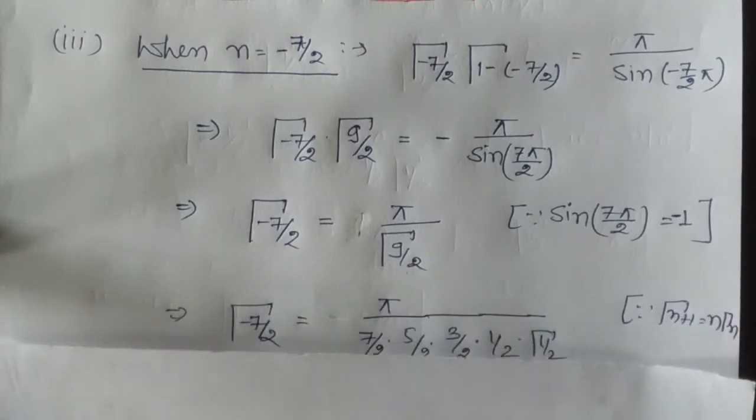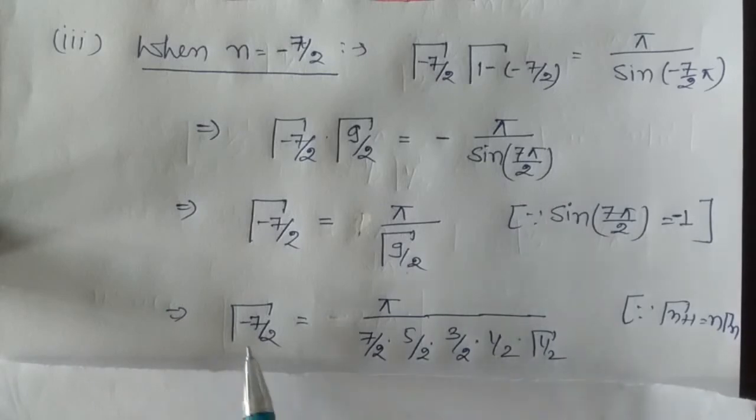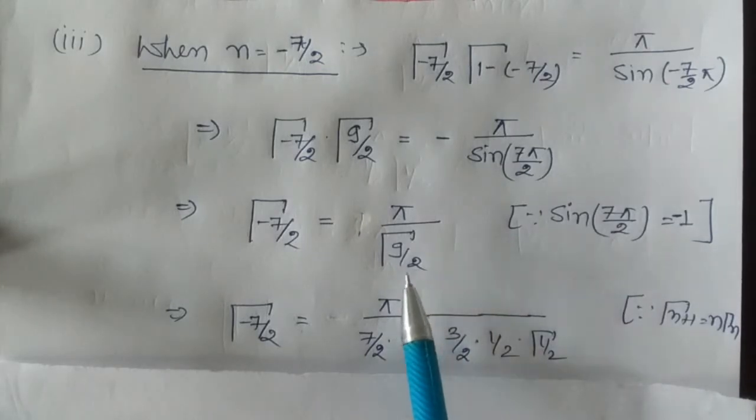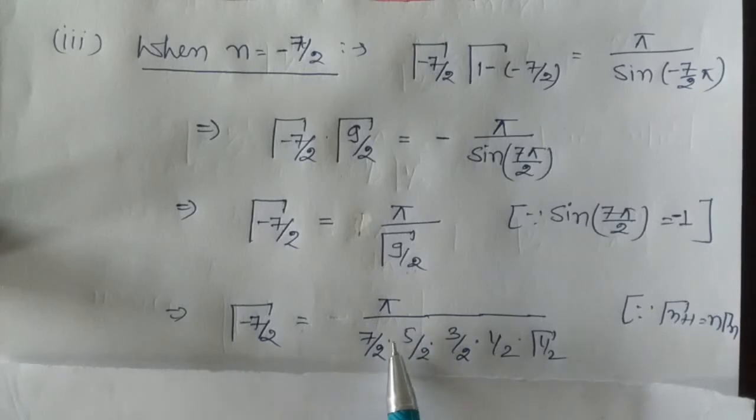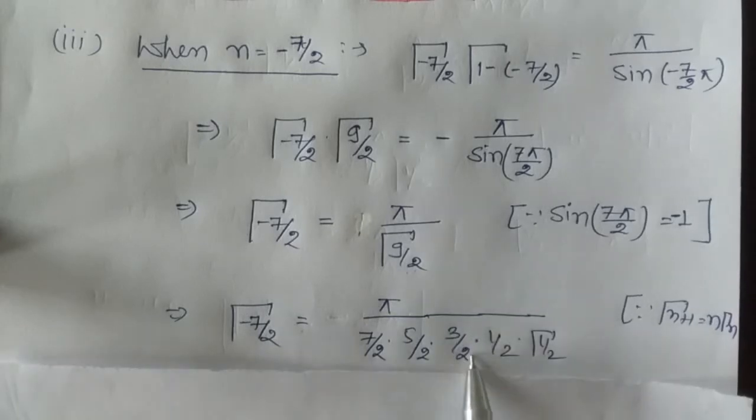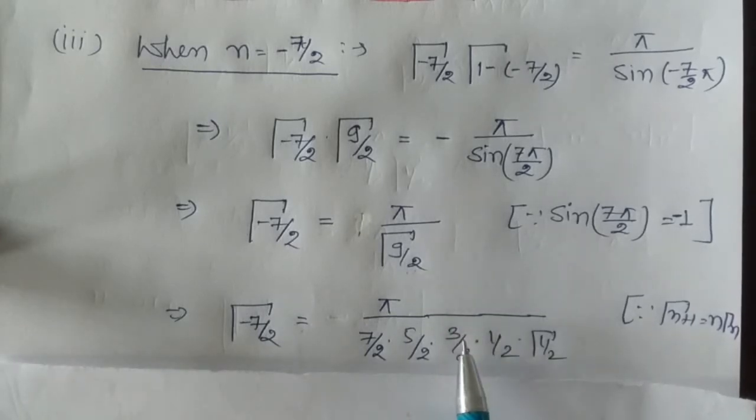So we get gamma minus 7 by 2 equal to pi upon gamma 9 by 2, which becomes 7 by 2 gamma 7 by 2, gamma 7 by 2 becomes 5 by 2 gamma 5 by 2, gamma 5 by 2 becomes 3 by 2 gamma 3 by 2, and gamma 3 by 2 becomes 1 by 2 gamma 1 by 2.